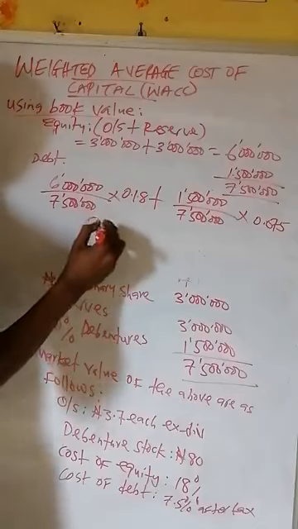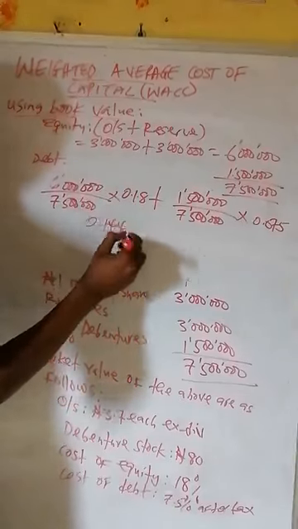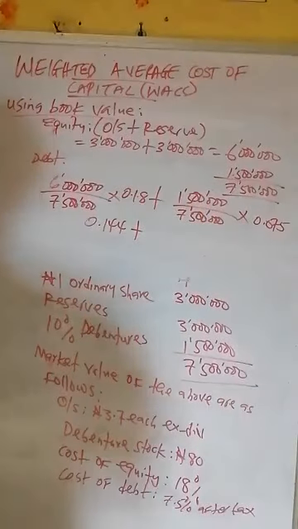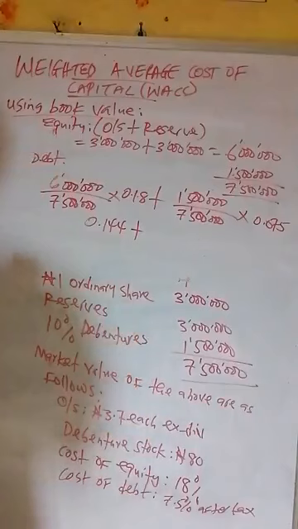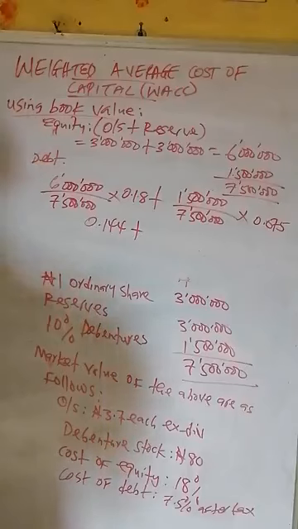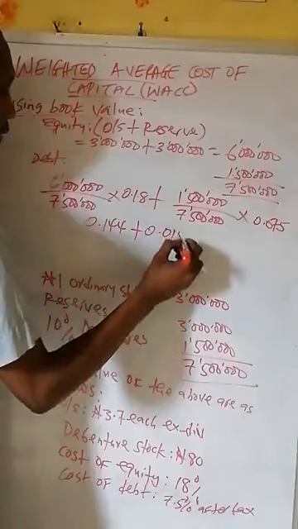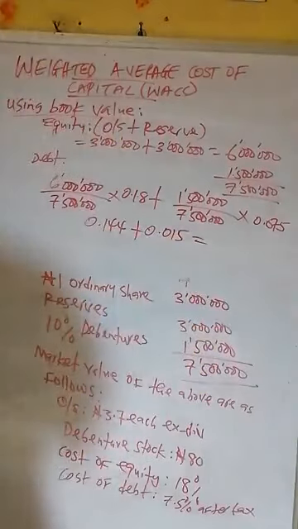Plus the other part for the debt: 1,500,000 divided by 7,500,000 multiplied by 0.075. We have it to be 0.015. We sum it up.